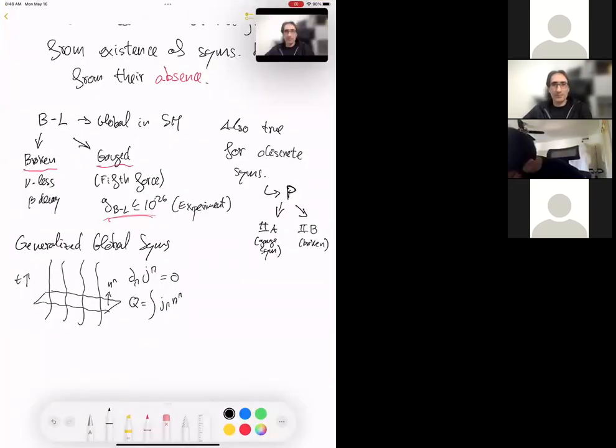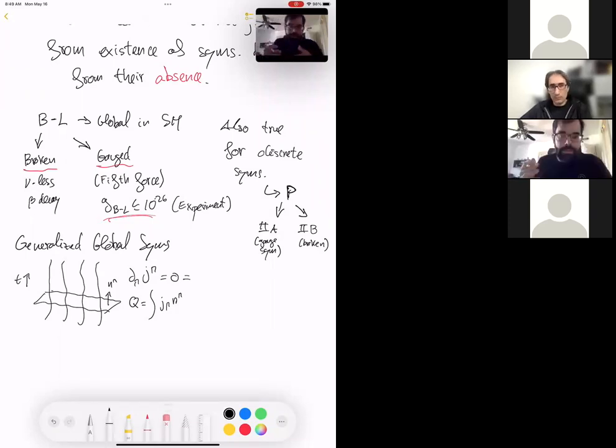All right. So when you have a conserved charge like this, if you just have the particles, these are the particle worldlines. What do we do in quantum field theory? We actually create particles by inserting local operators.